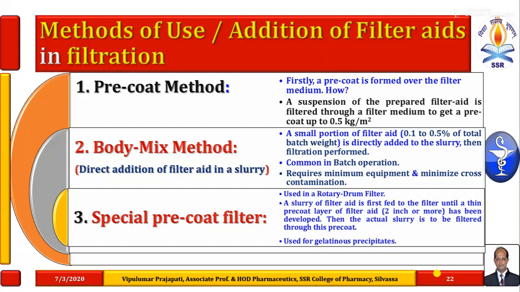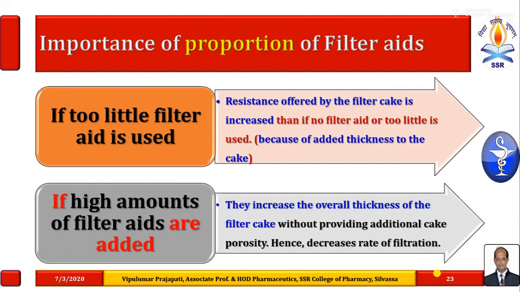After development of this pre-coat layer, the actual slurry to be filtered is passed through it. It is generally used for gelatinous precipitates. So these are the three different ways of adding filter aid in filtration of the available slurry.